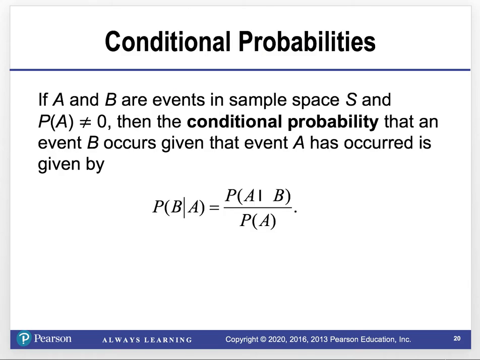Conditional probabilities. If A and B are events in sample space S, and the probability of A is not equal to 0, then the conditional probability that event B occurs given that A has occurred is given by this formula. So the important part here is given that. So here's another formula you can put on your list.